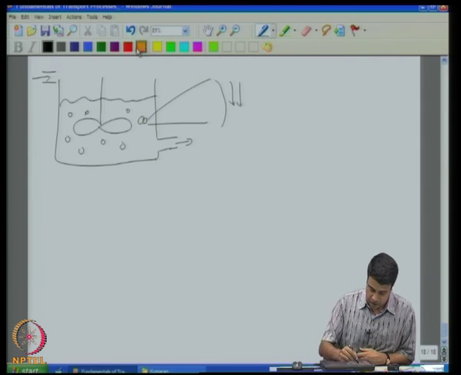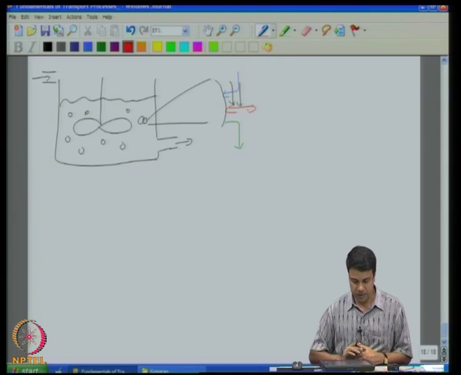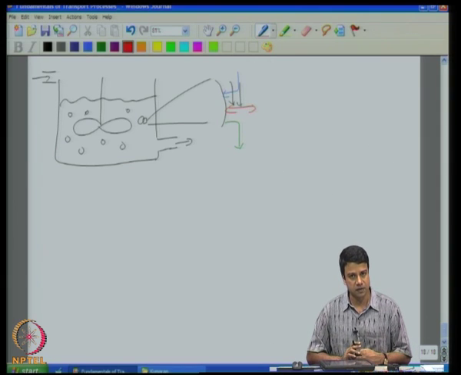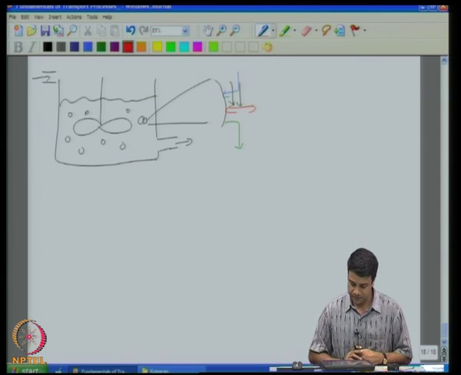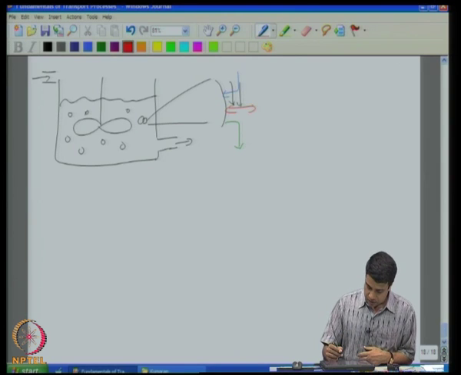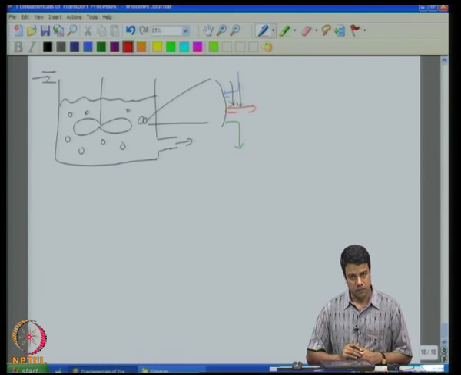The reactant has to come to the surface. The product has to leave the surface, and there has to be transfer of heat either to or from the surface depending upon whether the reaction is exothermic or endothermic. Let us look at the diffusion problem, the reactant going onto the surface.